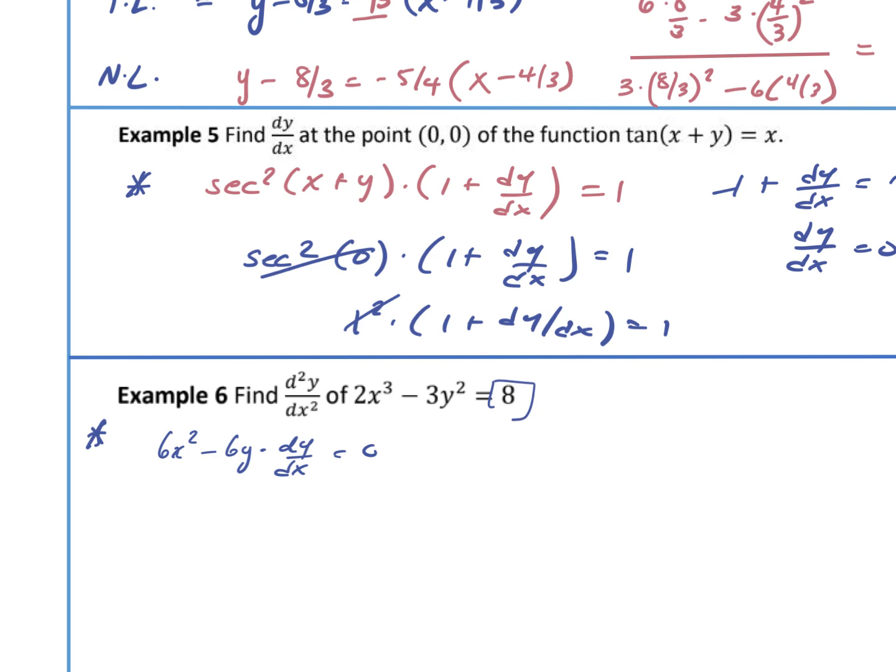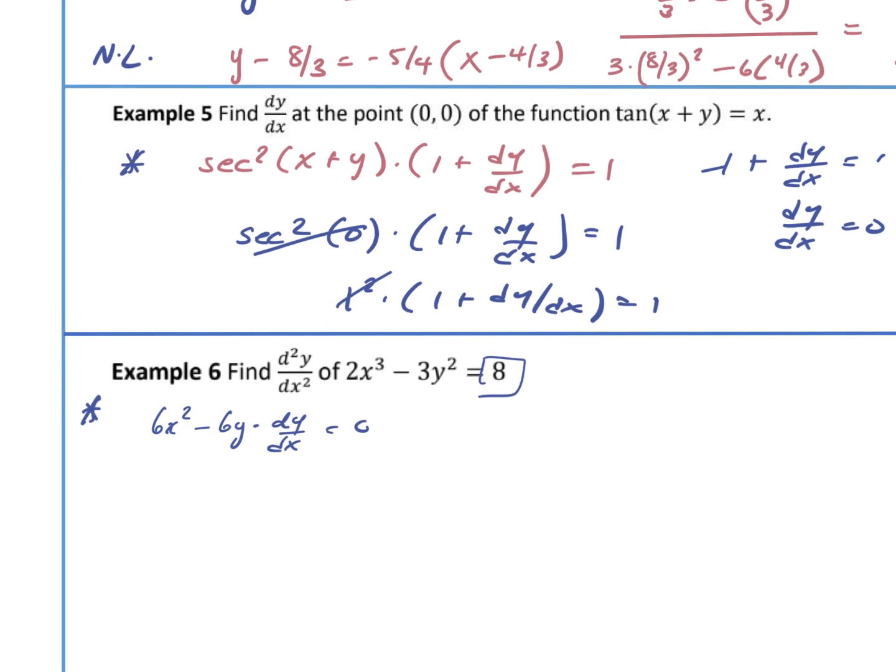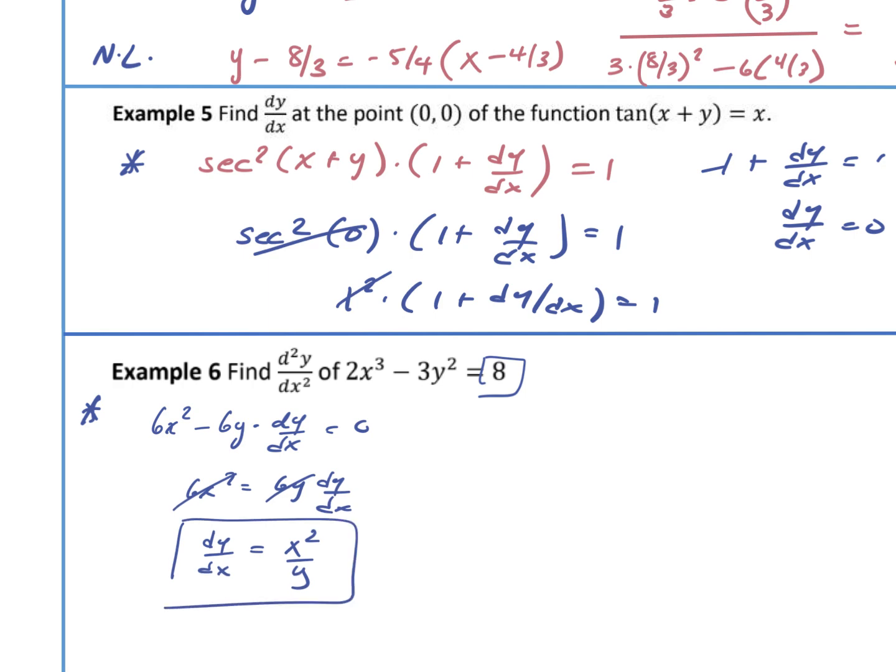Okay, common mistake, believe it or not, but the derivative of 8 is 0. So we're going to get 6x squared equals 6y dy/dx. And then I'm going to divide by the 6y. So we get dy/dx, so I'm going to bring this over here, x squared over y. So that's the first derivative, dy/dx.